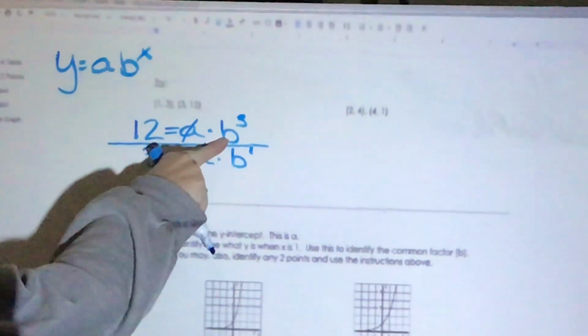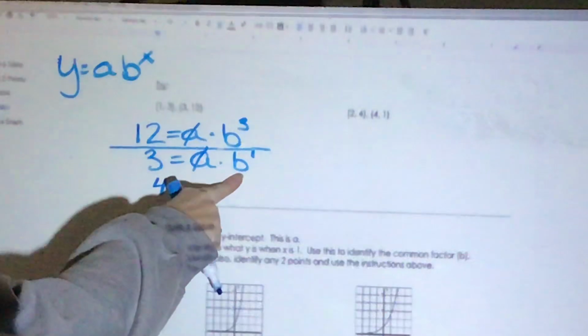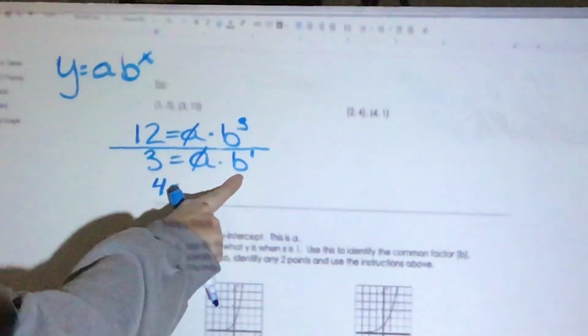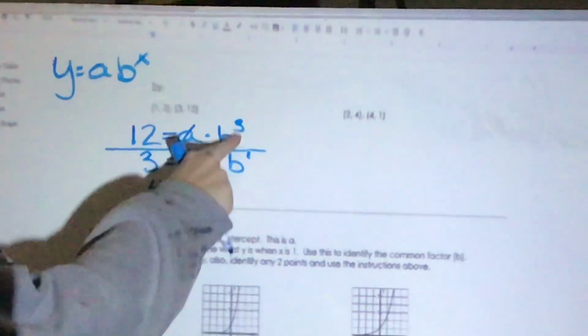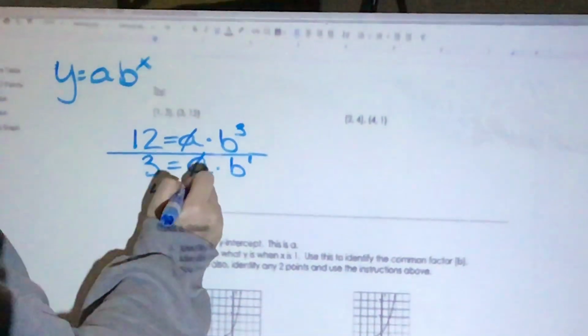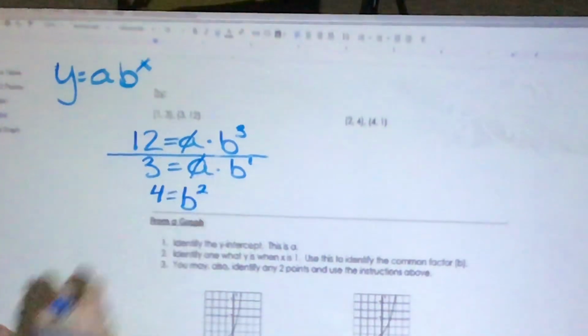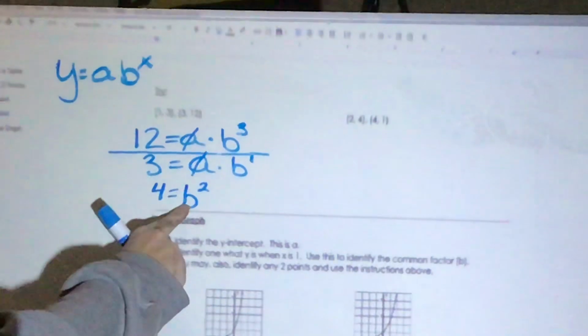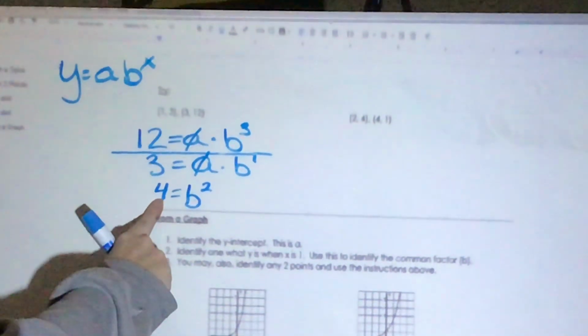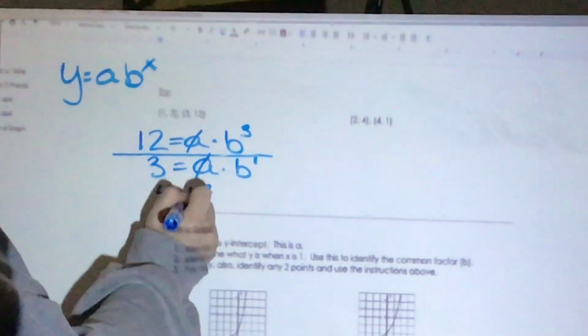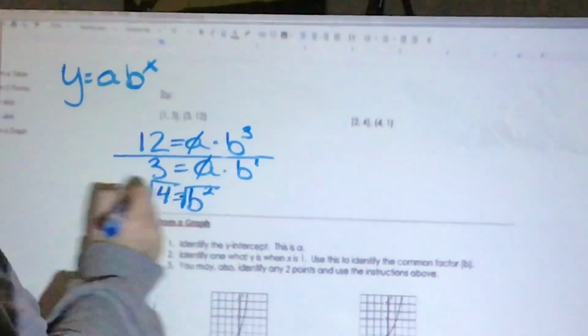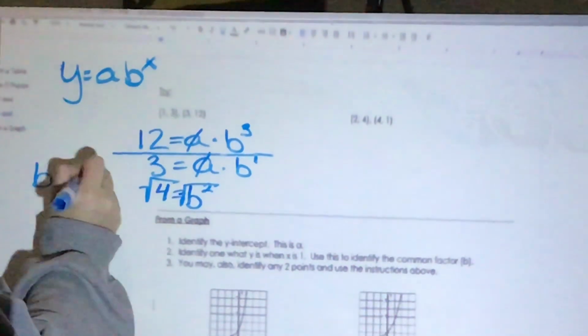And now here, if I have b to the 3rd power divided by b to the 1st power, if you remember with exponents, if the base is the same, you subtract the powers. So I'm going to get b to the 2nd power. If I know that b to the 2nd equals 4, and I square root each side, I know that b has to equal 2.